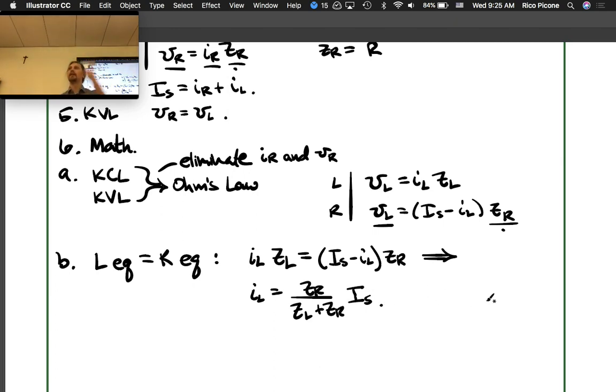So there's one of our unknowns, right? Solved for. In terms of IS, which is an input, so that's good. And then the impedances, which are all knowns. Now, we can do all of this without plugging in what these Z's are, right? We should probably plug in what the Z's are at the end.